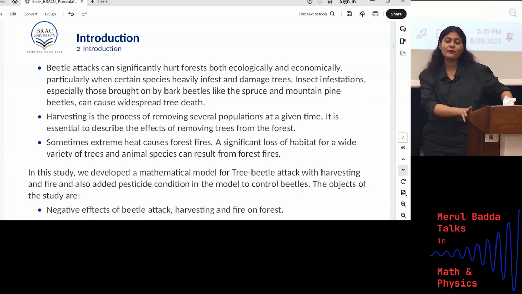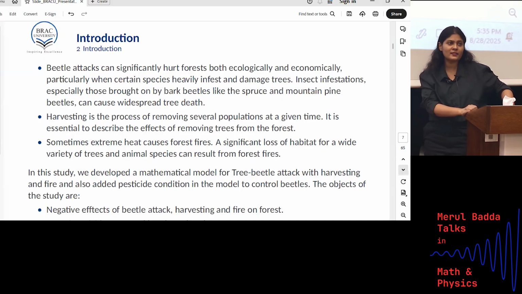So we also have to know the effects of removing trees from the forest at a given time, and sometimes wildfire. There are many causes of wildfire. It can be natural, it can be man-made, but extreme heat can cause wildfire. So the effects of wildfire on our forest are also described in our model.